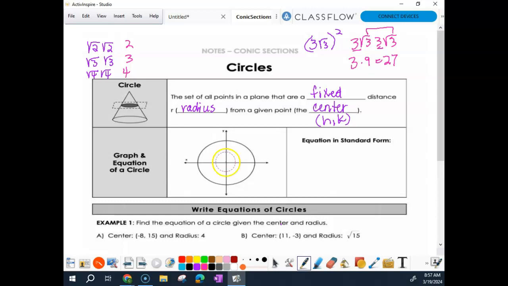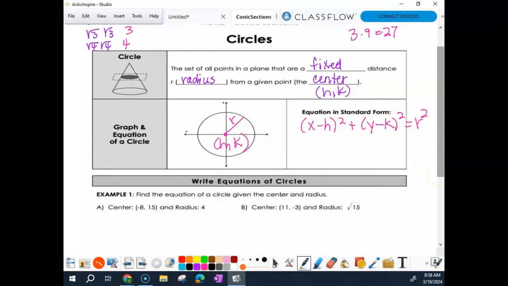So this is my radius, and this is my center, which is my H and my K. So the equation for the circle, so that's the equation for the circle that we're going to use.